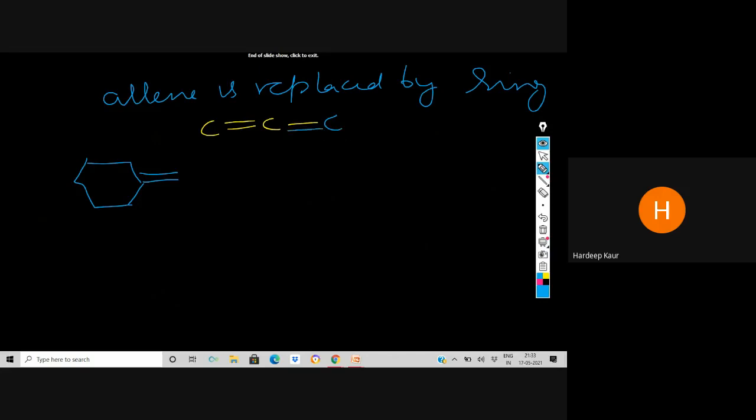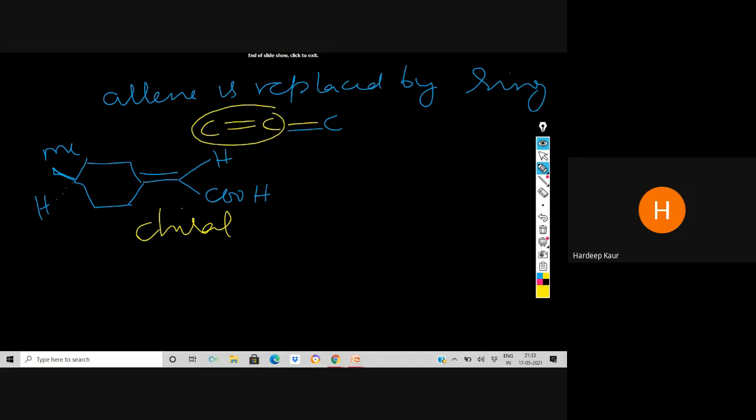So a cyclohexane ring has come, with a methyl at the terminal, and here we have H double bond H COOH. So this molecule is also chiral in nature, right? Here this double bond is replaced by this cyclohexane ring. Okay. So they also exhibit the enantiomerism.